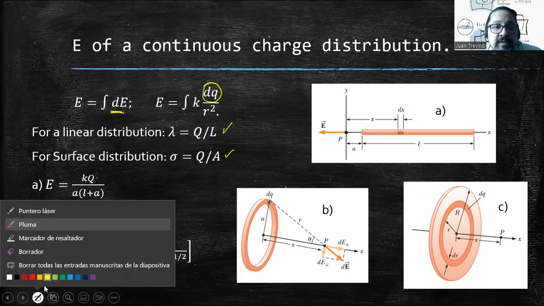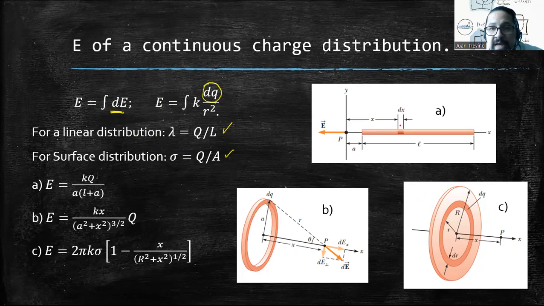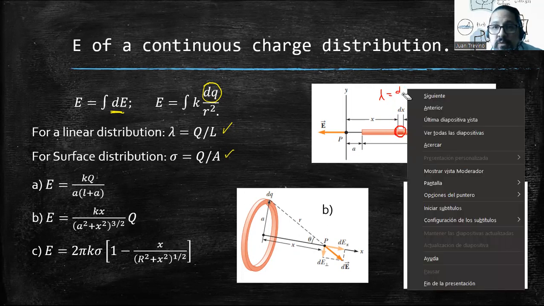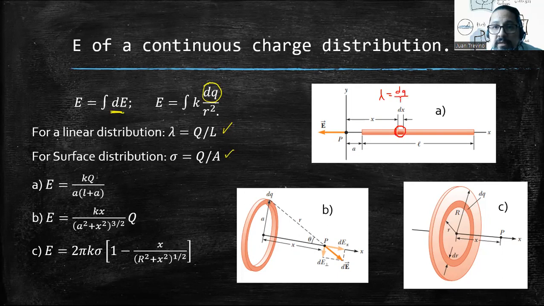So in the linear case, I will divide the domain into little pieces dx, and each one of these pieces dx has a small amount of charge, dq. So the charge at this small portion of the rod is exactly equal to dq, and this equals lambda dx.